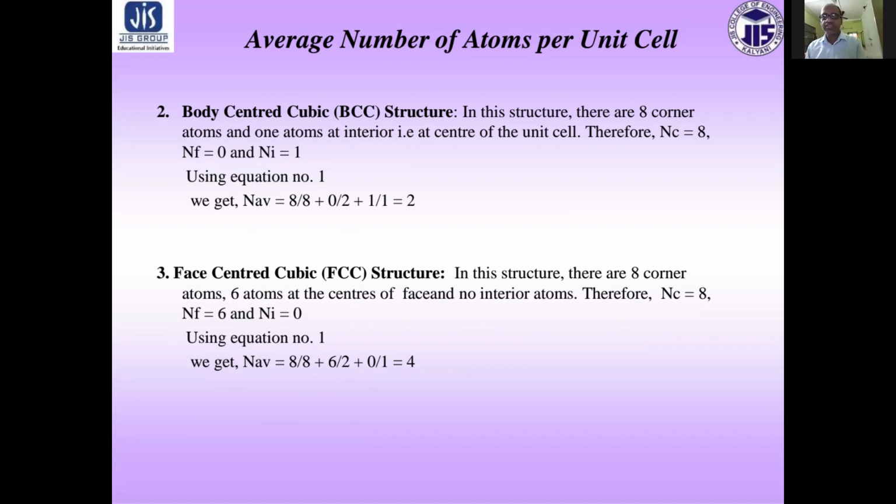So NF is equal to 6, and no atoms are present in the interior, unlike the BCC structure. Again using that equation, the average number of atoms per unit cell is 4.